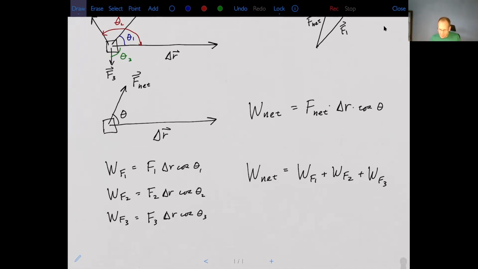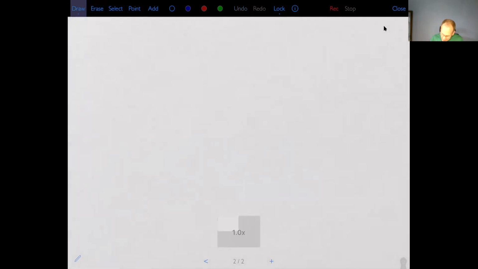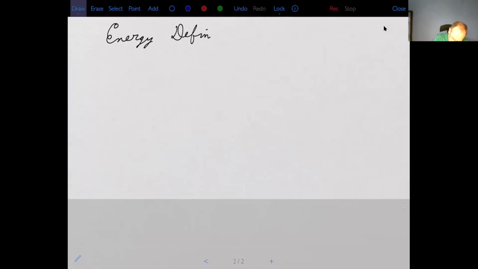Okay, a couple of definitions I want to remind you guys of, and you probably have seen all this in lecture by now, but let me just remind you. There are some energy definitions that we're going to need. So the first one is the kinetic energy.